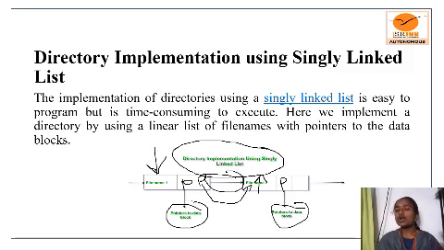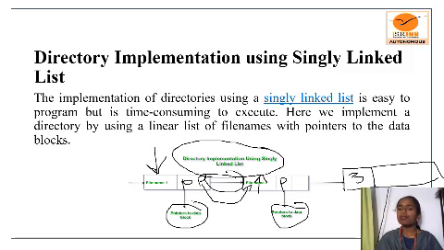If we want to add another element here, we have the pointer again. Let us think this is file name 3, and we have a pointer and a null here. So like this a linked list will go on.